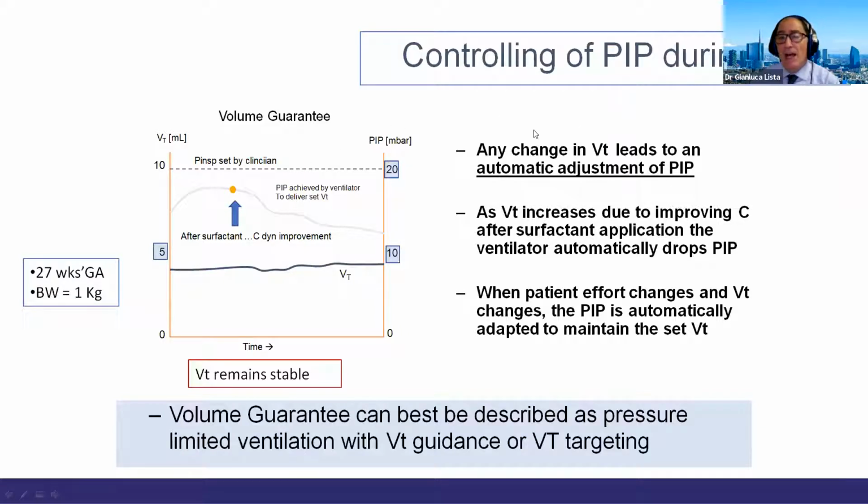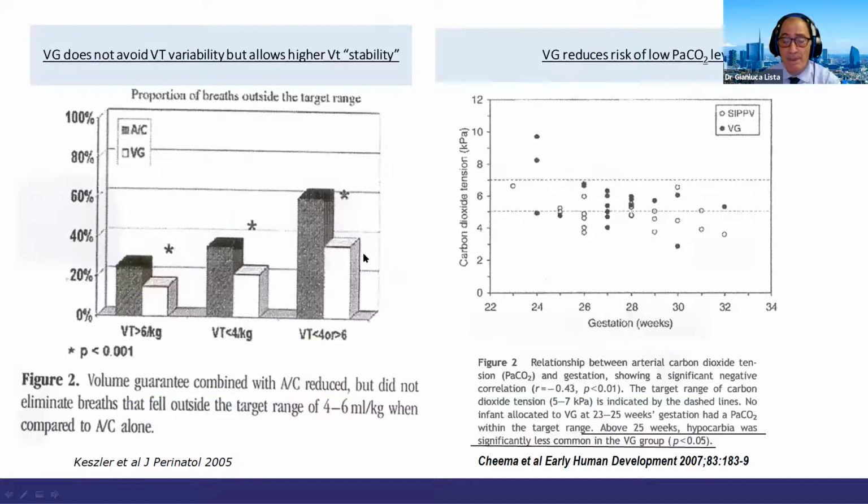If you use volume-targeted ventilation like volume guarantee, in which the ventilator continuously adjusts the peak inflation pressure in order to maintain the desired volume, after surfactant replacement therapy, in which there is a sudden improvement of compliance, the ventilator adjusts the peak inflation pressure in order to keep the tidal volume constant. So when you use volume guarantee ventilation, you can reduce the risk of overinflation, the volutrauma.